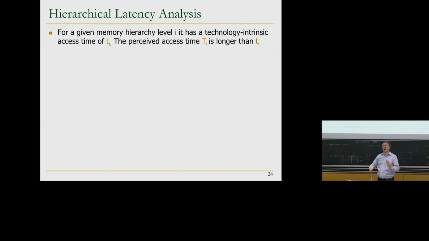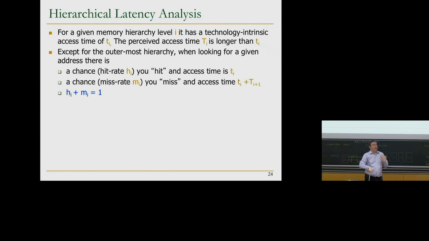The perceived access time is actually either you find it in this hierarchy. So if you are in level 2, there is a chance, which is a probability, that we find the data we are looking for at this level of the memory hierarchy. So this probability is HI. We hit and we access it, and the access time is TI.